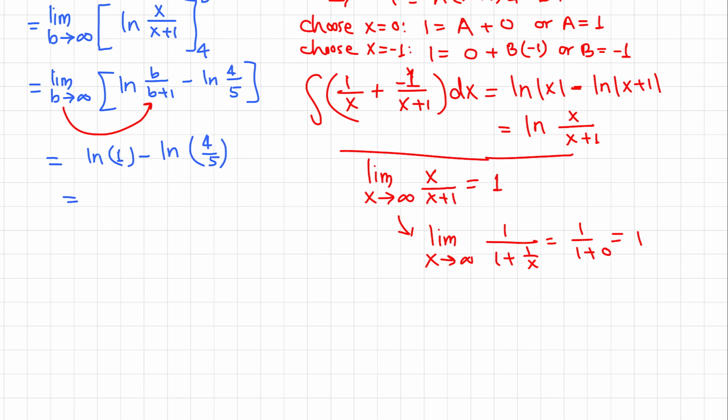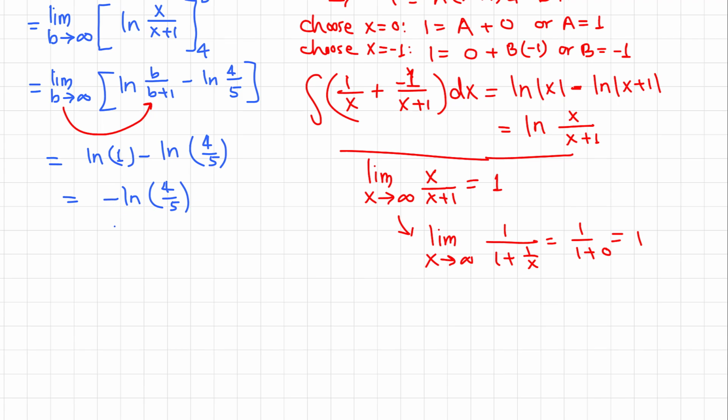We can simplify, by the way: the natural log of 1 is 0, no need to write that. So it's minus ln of 4 over 5. That's the final answer. By the way, the natural log of 4 over 5 is a negative number, and this negative in the front will make everything positive.